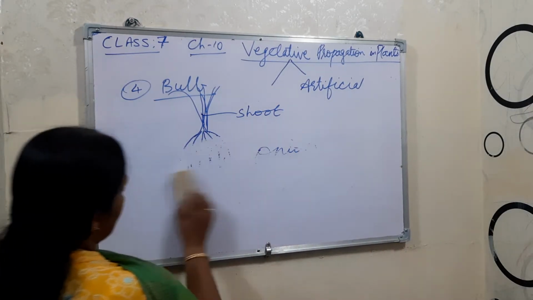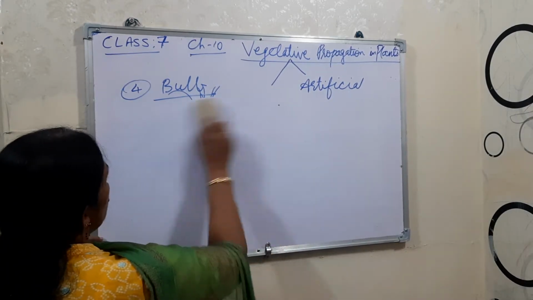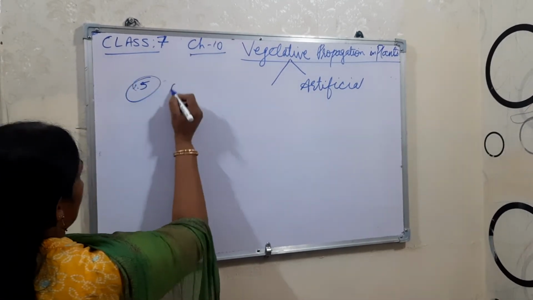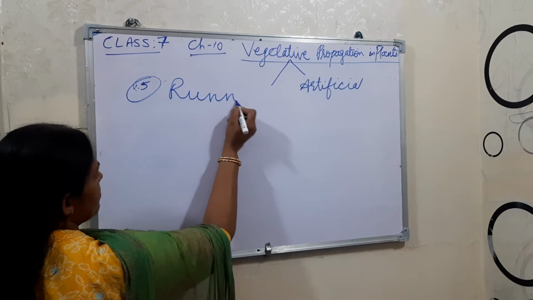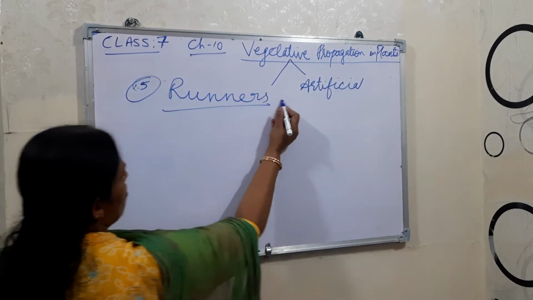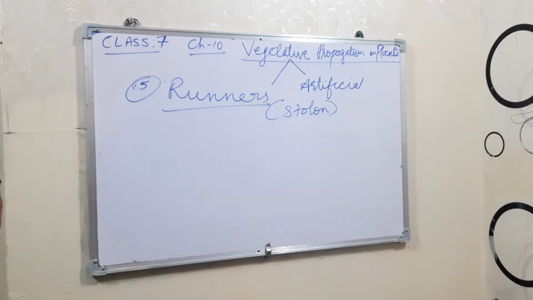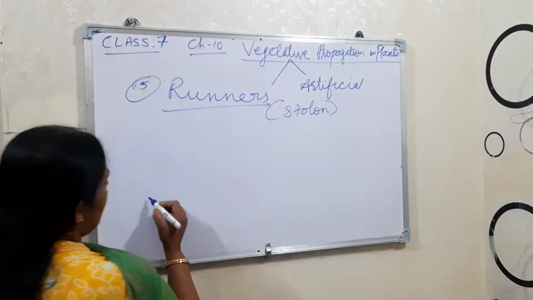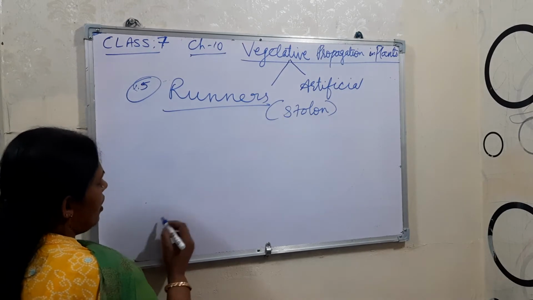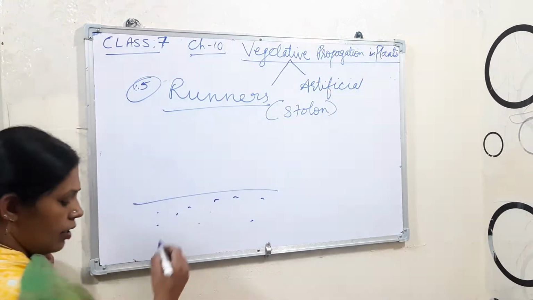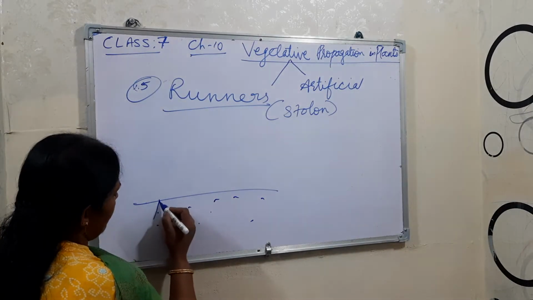Okay, now the next one is runners. What is it? Runners, or we can say stolons. So in runners, mostly what happens is that the mother plant grows from the soil here.